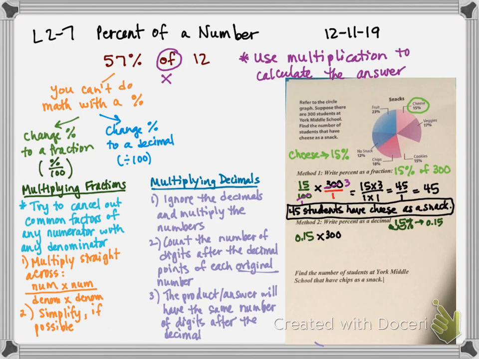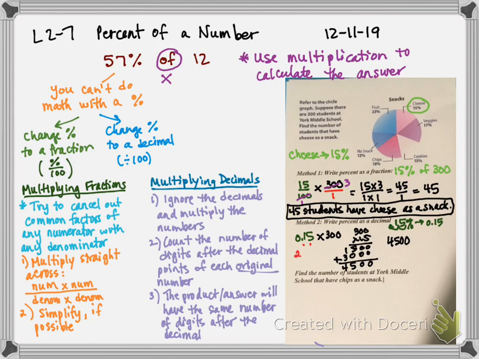I'm basically going to take 300 and multiply it by 15. So I get 0, 0, 15, put in a placeholder, 0, 0, 3. And when I add up, I get 0, 0, 5, 4. So now I'm at 4,500. But remember what we needed to do. We need to go back and count how many digits came after decimal points all together.